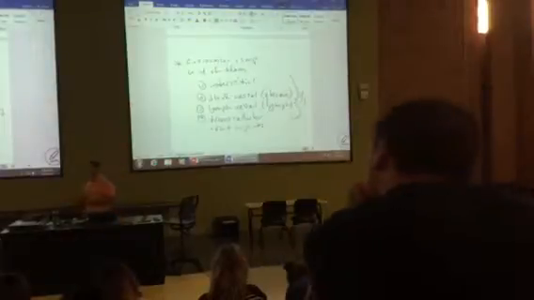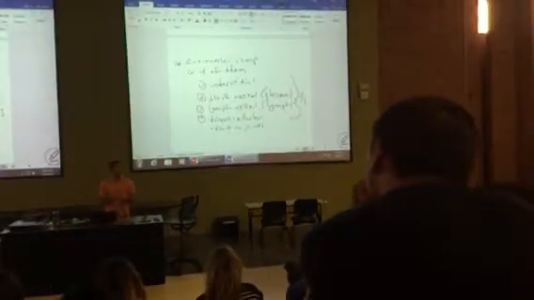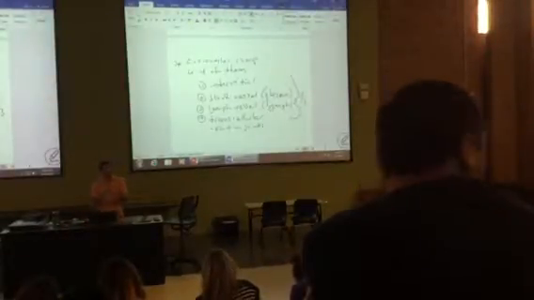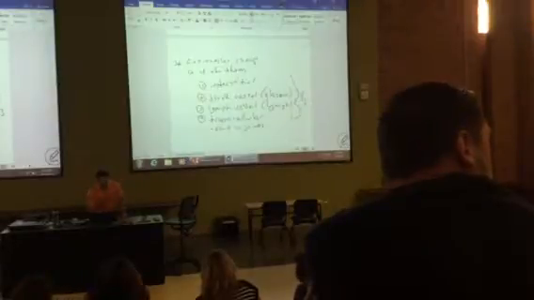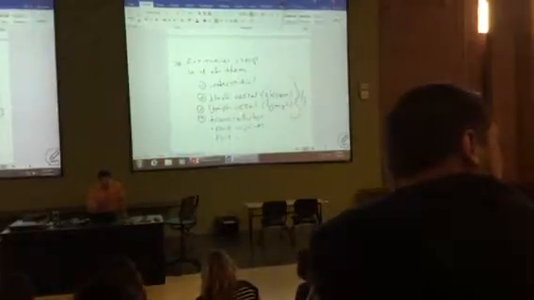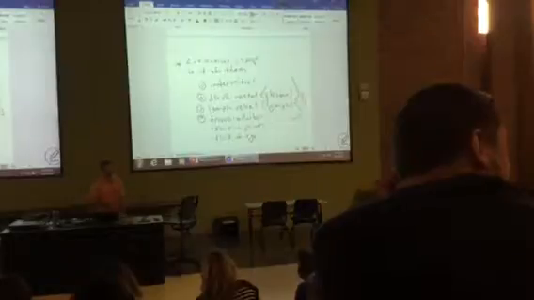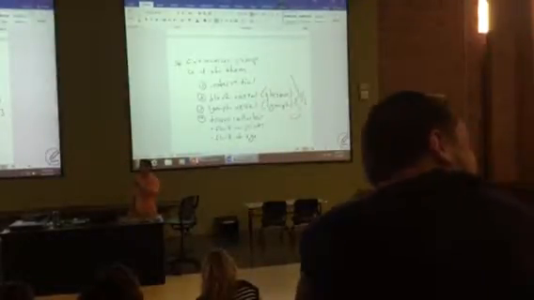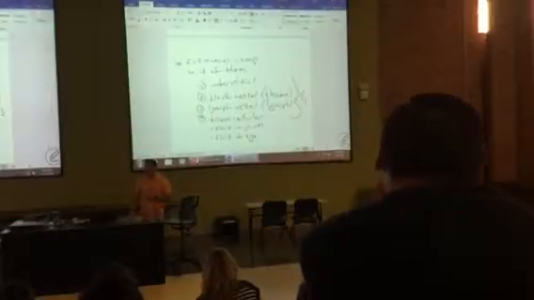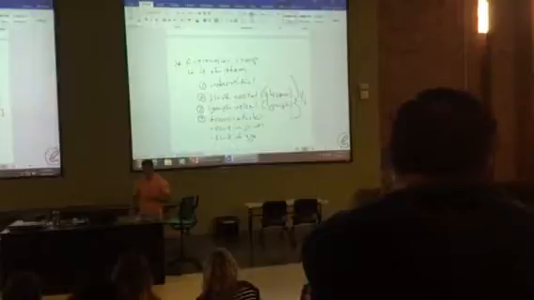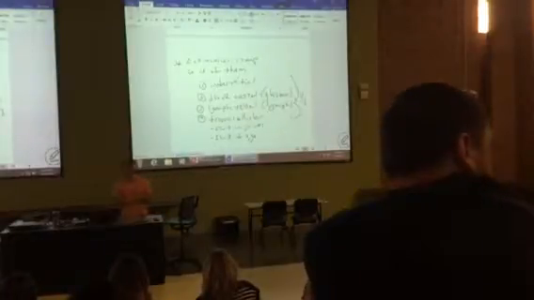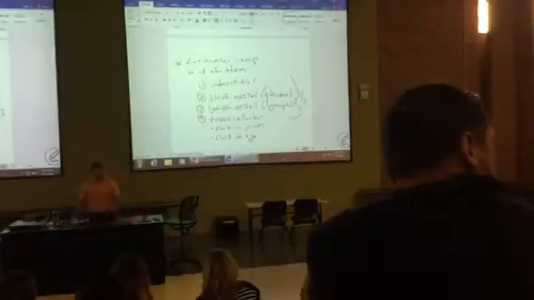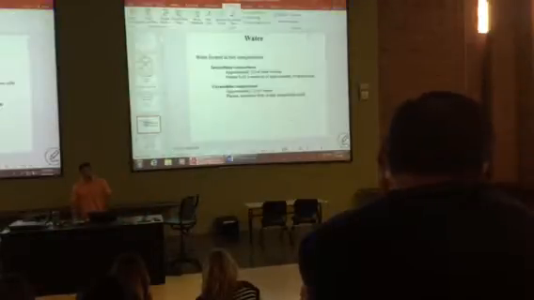Your joints need this fluid so that they work properly, so that the cartilage doesn't grind against each other. Fluid of the eye. Your eye, believe it or not, is made up of 80% fluid. That would be a transcellular fluid. Urine would be a transcellular fluid. Okay? Are we good with these terms? All right? And where water is, how much water is here, how much water is there. All right? And that's all we need to talk about right now.